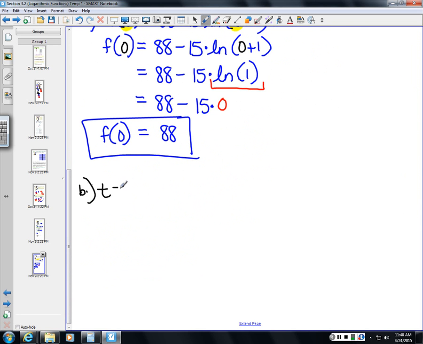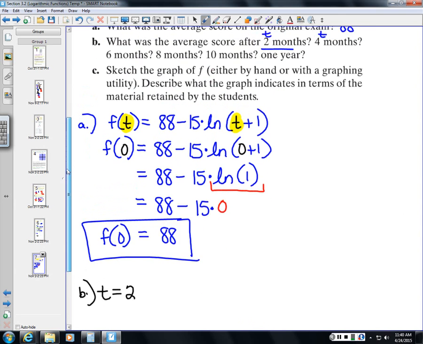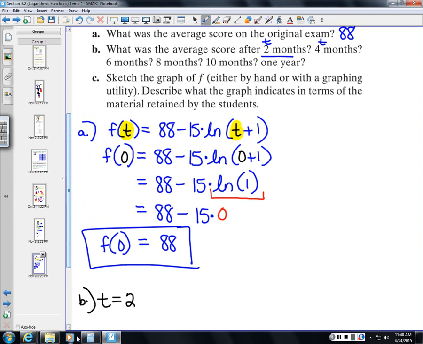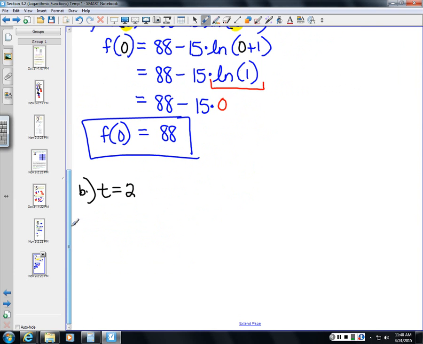At 2 months, when time is 2, I'm going to take my function, 88 minus 15 times the natural log of t plus 1. That's 2 plus 1, so natural log of 3. Plugging this in your calculator, and I'm just going to round to 1 decimal place, you should get 71.5.